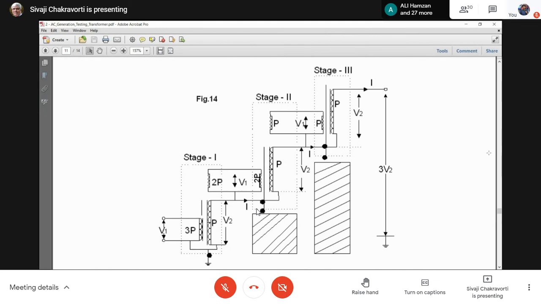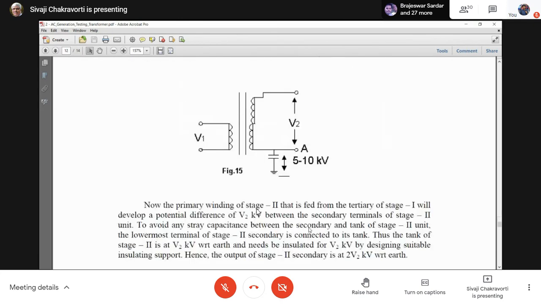It is not possible. And if I order separate transformers, then also my installed capacity will be 3P plus 2P plus P, that is 6P. That means I can use maximum 50% of the installed capacity. Now this is something we cannot help because that is as per the connection configuration, which is beyond our control.